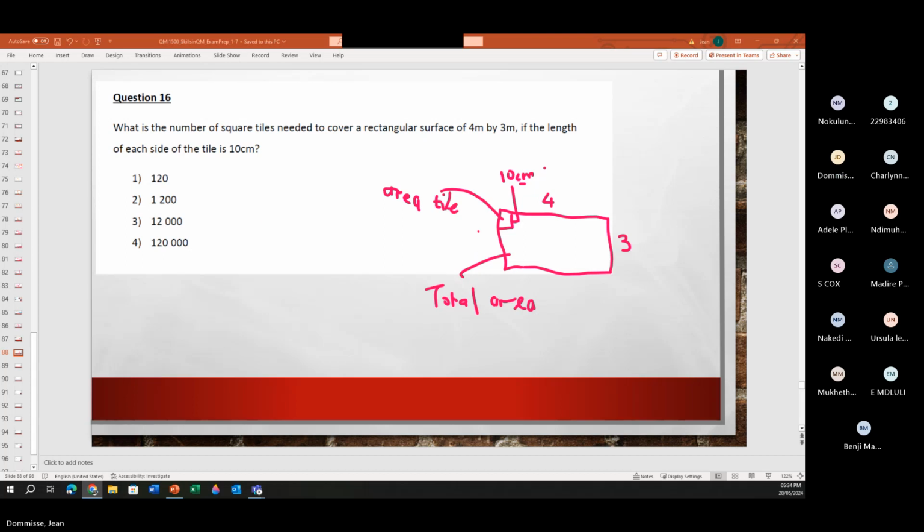So when we change it into centimeters, that will be 400 centimeters and 300 centimeters. So the total area in centimeters will be 400 times 300, which gives us 120,000.